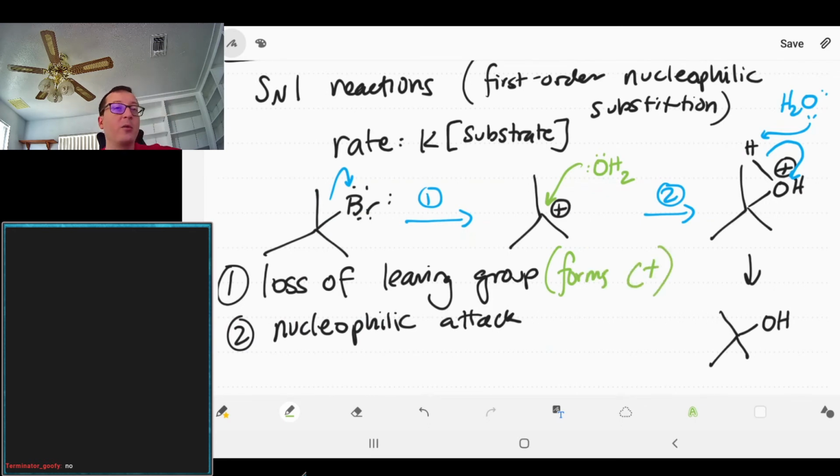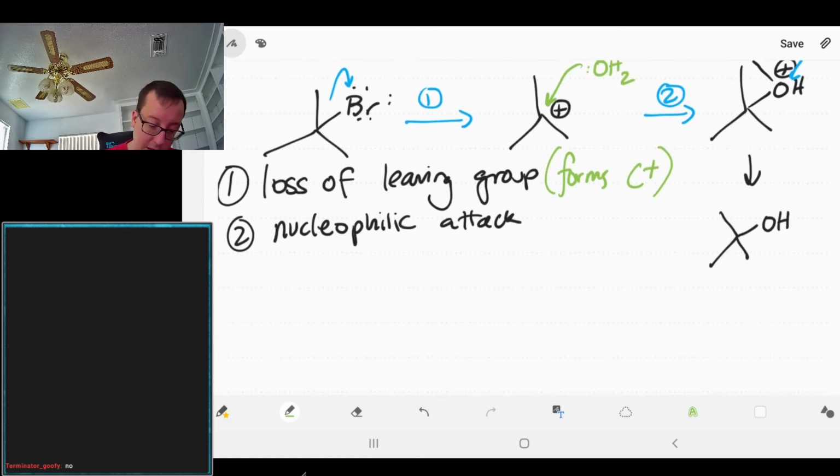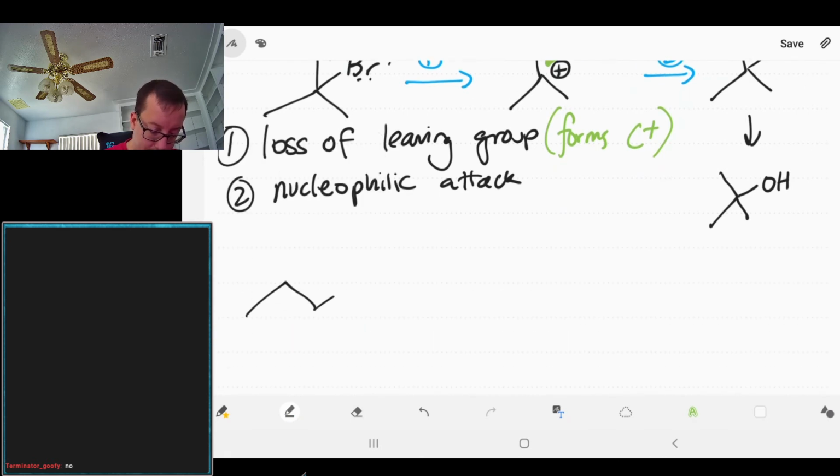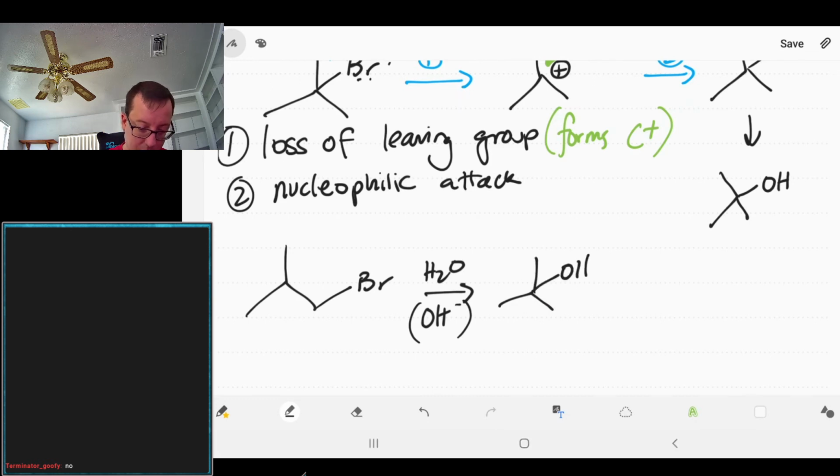We form a carbocation. And so we're going to see that even if we take this product, put it in some water, maybe some OH minus just to help things out, we are still going to end up with the same product.